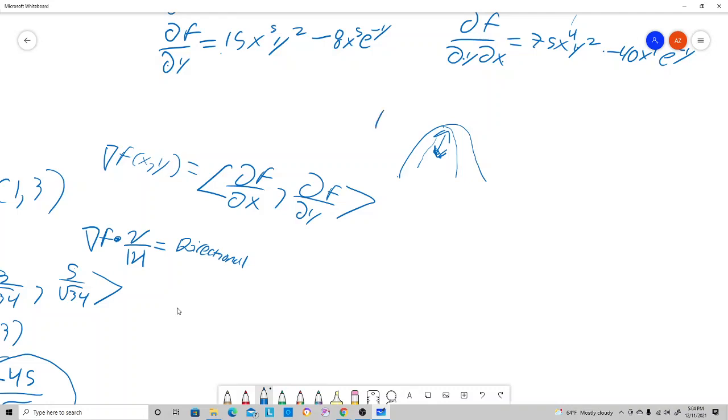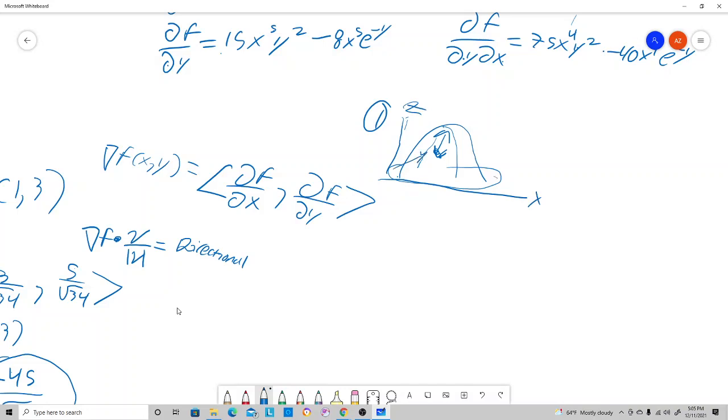Number two, when you take the gradient, it's always going to be orthogonal to the function in the xy plane. So I could have it right here, and this thing is in the xy plane. So this is x and this is y, right?